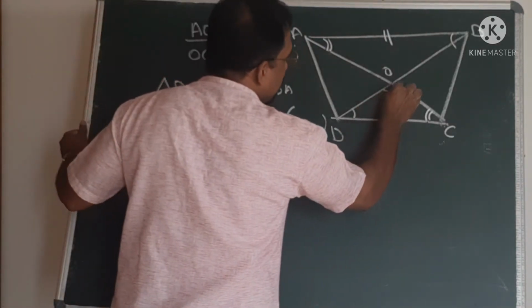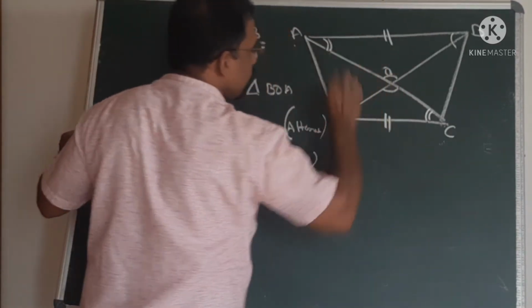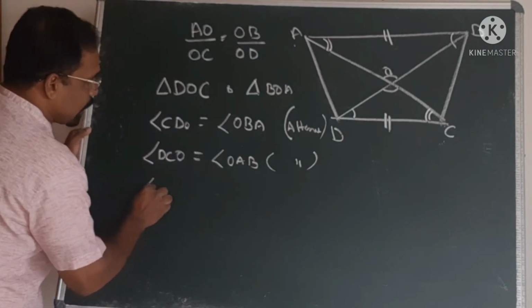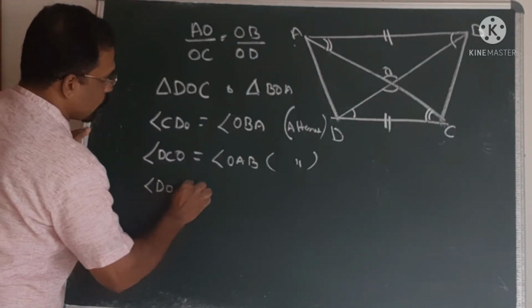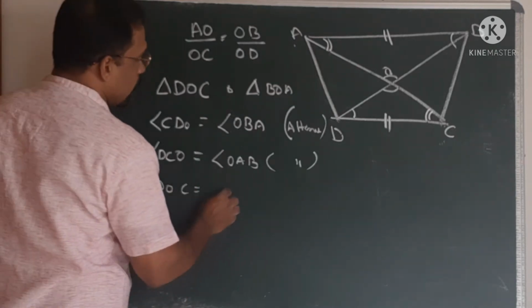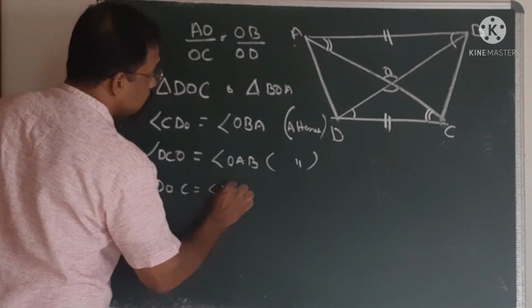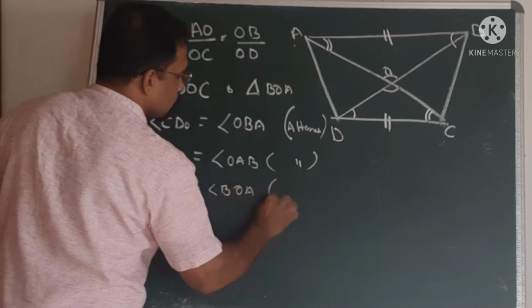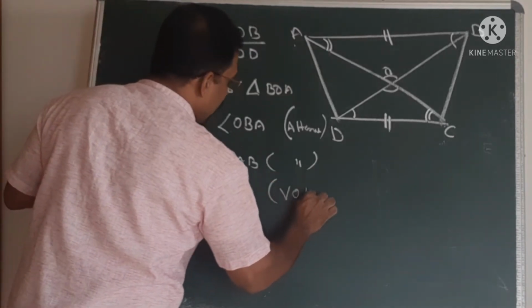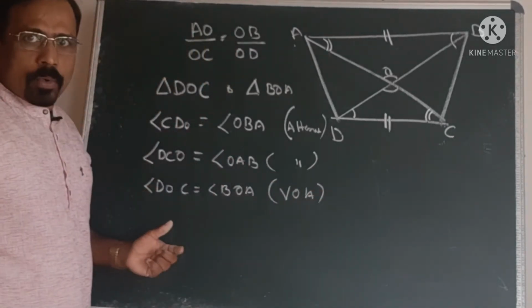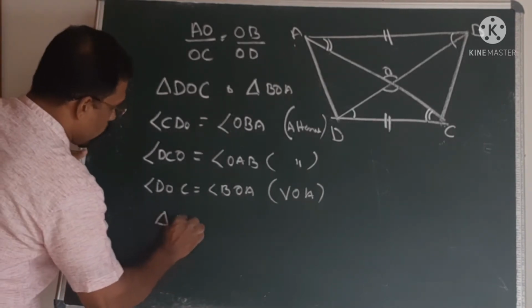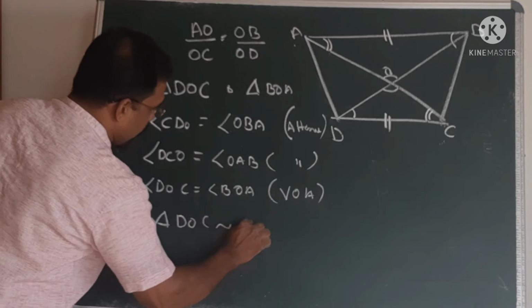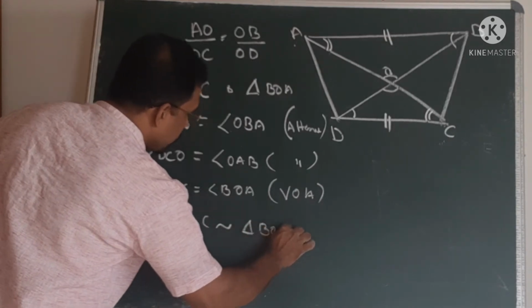And this angle is equal to this angle. The reason is vertically opposite angles are equal. That is, angle DOC is equal to angle BOA. So we can say that triangle DOC is similar to triangle BOA.